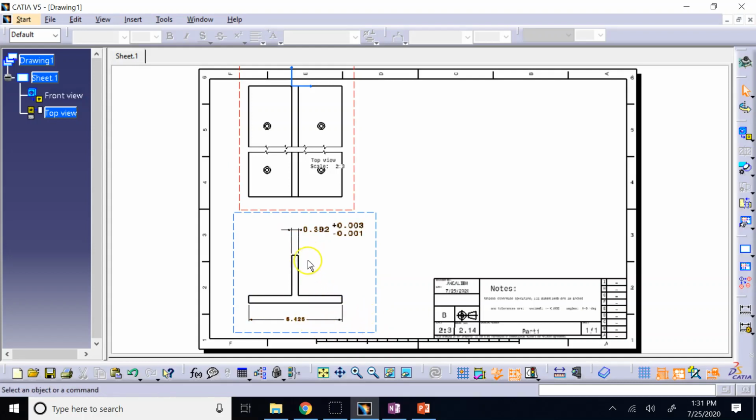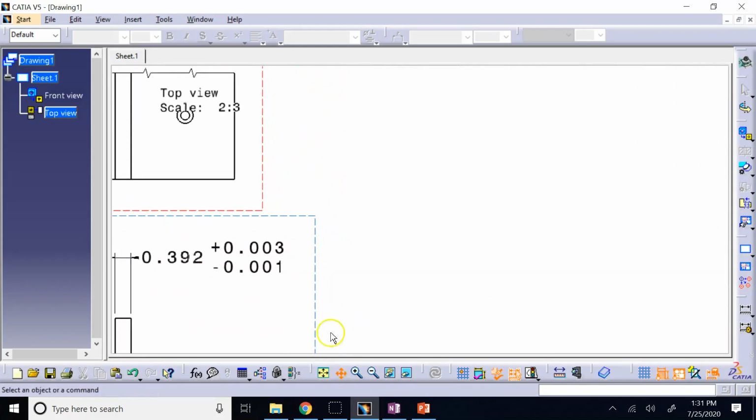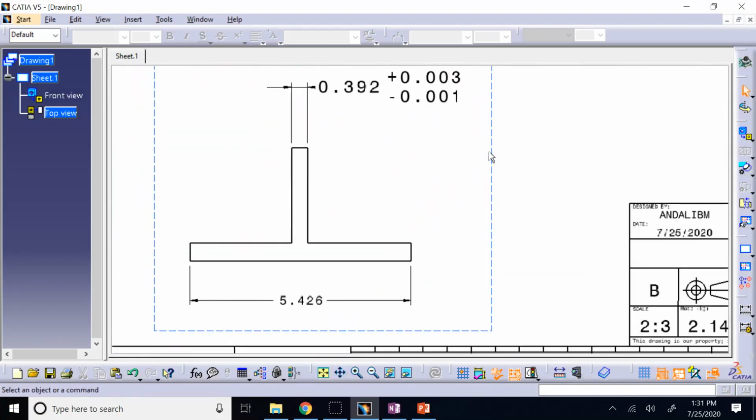Say this is surface A, and then say this has to be perpendicular to A with so much tolerance zone. How do I do that? I need the geometric tolerance. So I bring in the dimension toolbar, and if I expand the last command, the first one of them is datum, the second one is geometric tolerance.